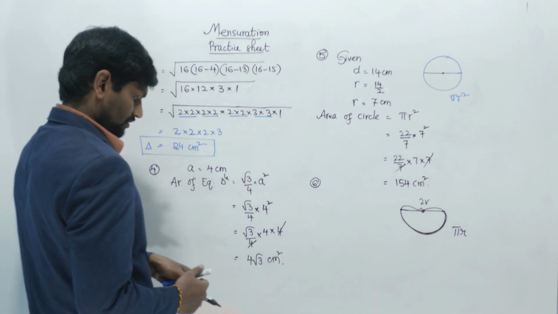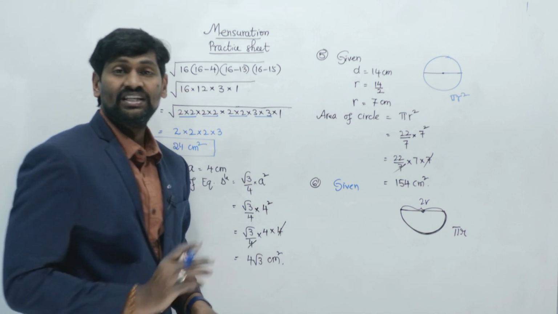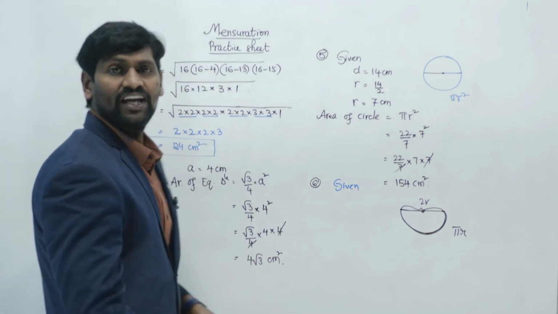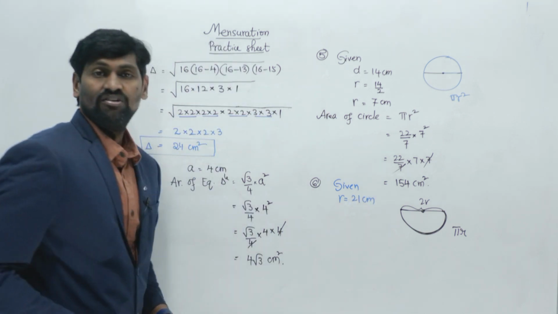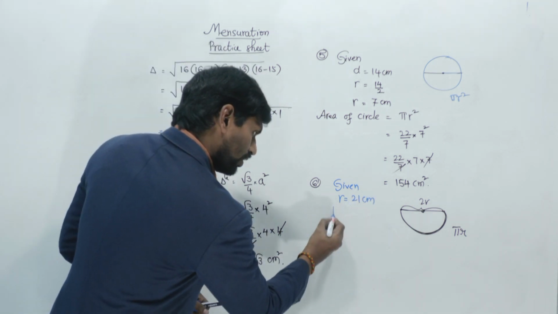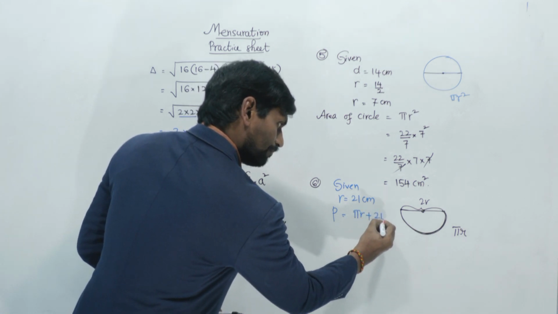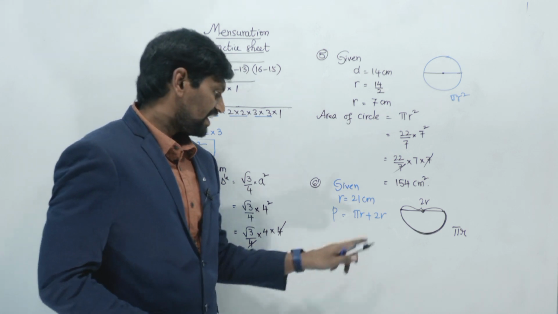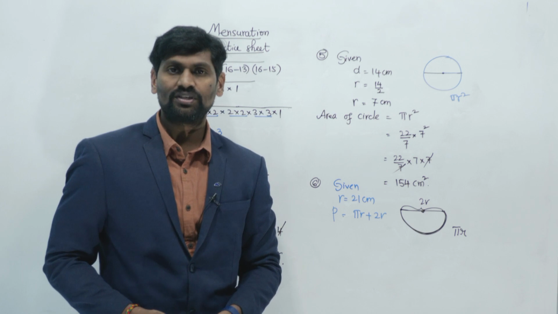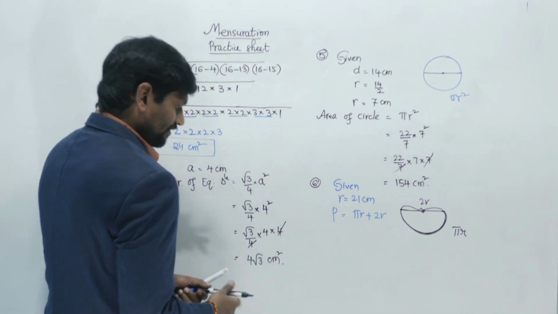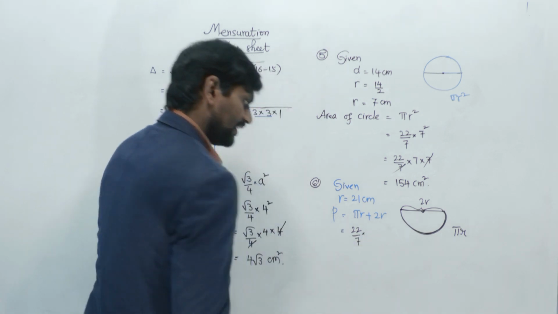But it is given that the radius value is 21 centimeters. We need to find the perimeter. So what is the perimeter of a semicircle formula? Pi r plus 2r. Or we can write pi r plus d also. d is nothing but 2r only, 2 times the radius. Okay, substitute the values. Pi value 22 by 7 into r.